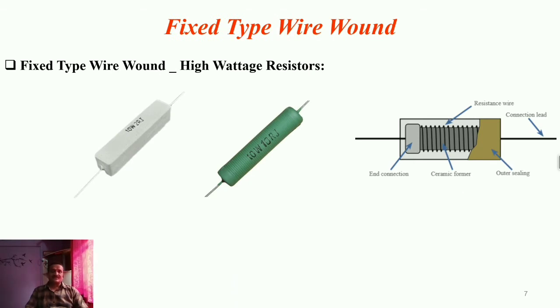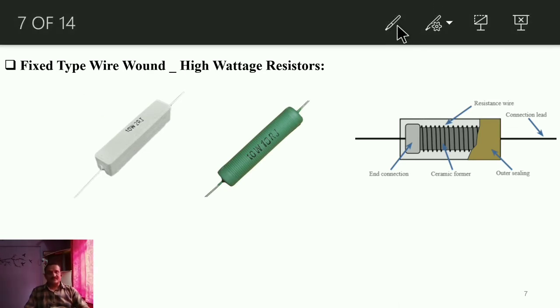Now the next one, that is the fixed type wire wound. You will observe one basic difference from what we studied previously. There is no color band, but the actual value of the resistor is written over here. For this wire wound resistor, it is written as 10W 2R. 10W means it is 10 watt and 2R means it is 2 ohm.